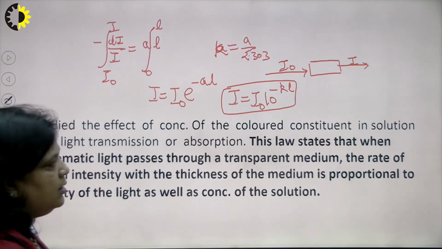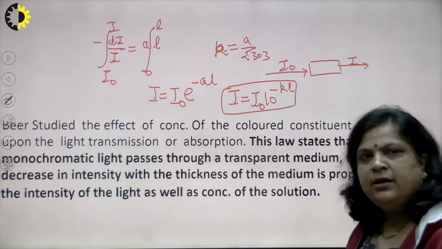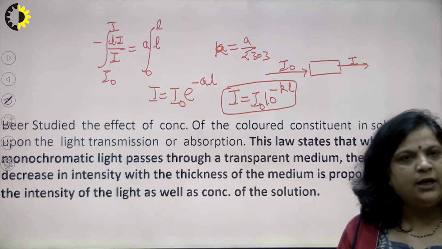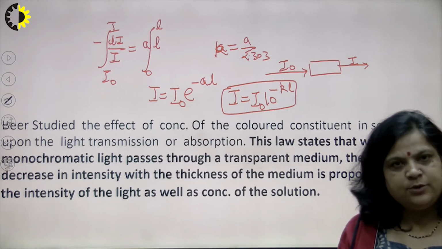Now Beer's law. Beer's law basically gives the effect of concentration of colored constituent in solution on the light transmission or absorption.